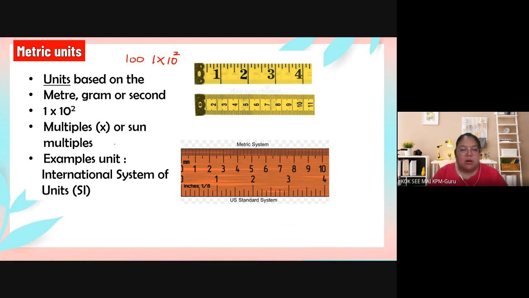Okay, multiples: either you plus together, either you minus, either you divide, either you multiply, also can. So example unit is the international system, the SI unit. So example meter lah, we're using meter lah. If you measure your mass, kg lah, if you measure your weight, Newton lah, okay, if you measure your temperature, that's a degree Celsius lah. So this all we call metric unit.